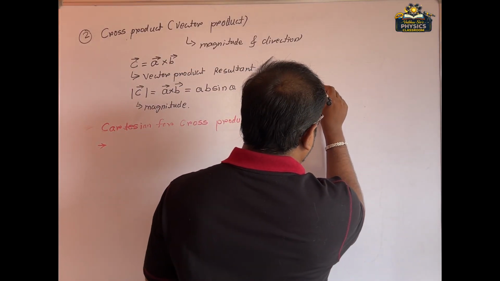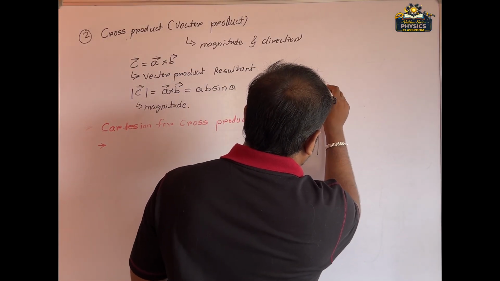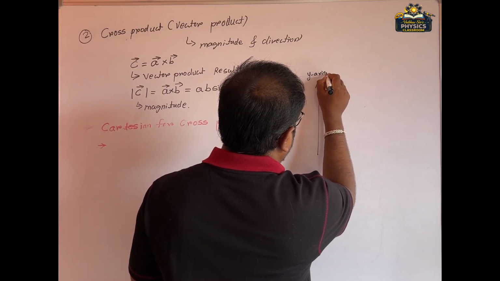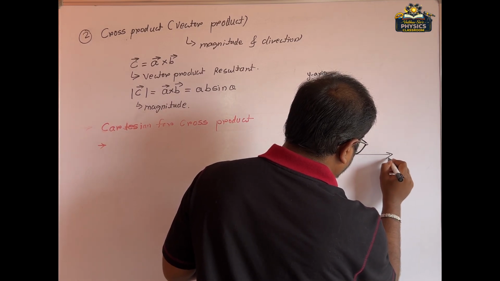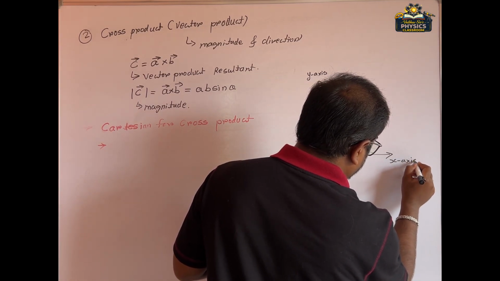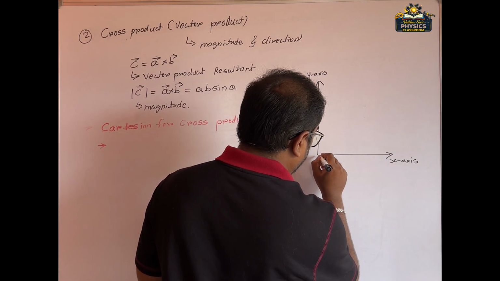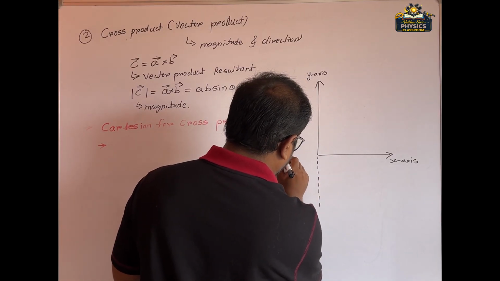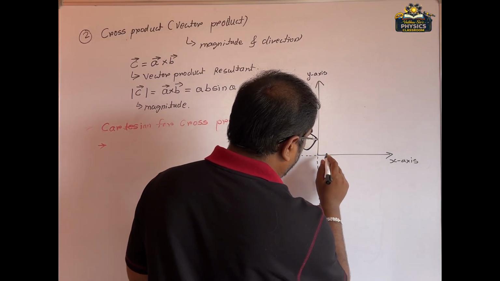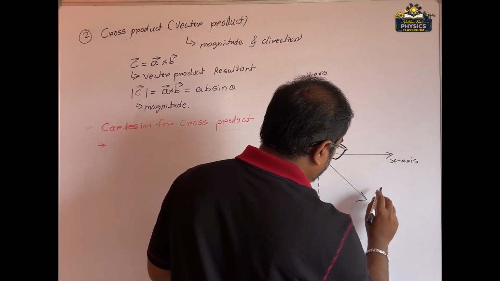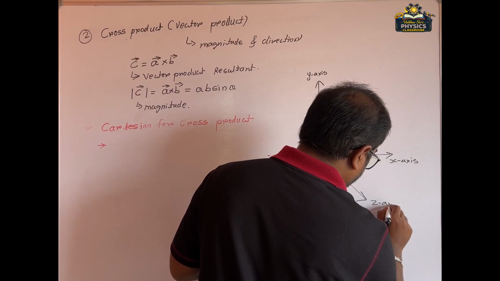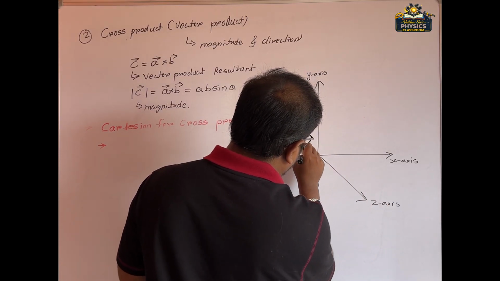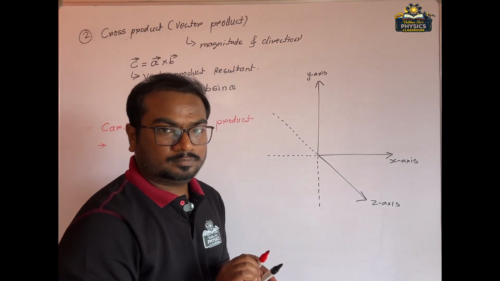So here, this is the y axis, this is the x axis. This is the negative y and negative x, and this is the z axis. All right, just like that.